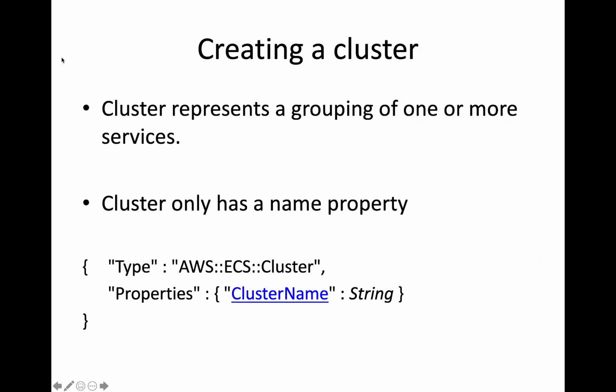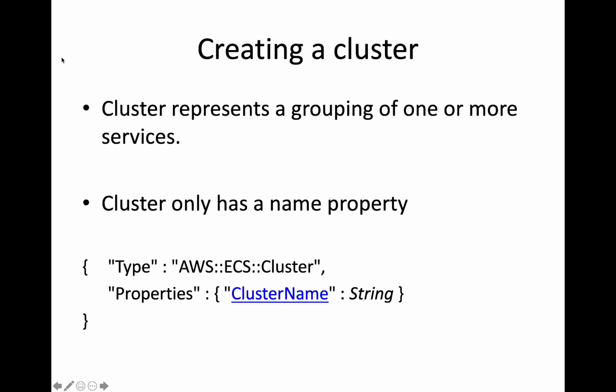Okay, well, let's start looking at each one of these components in more detail, starting from the outside and then going in. We start by looking at creating a cluster. How do we do that? Well, a cluster really represents a group of one or more services running within Fargate.